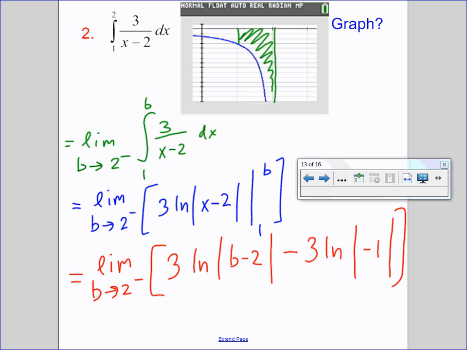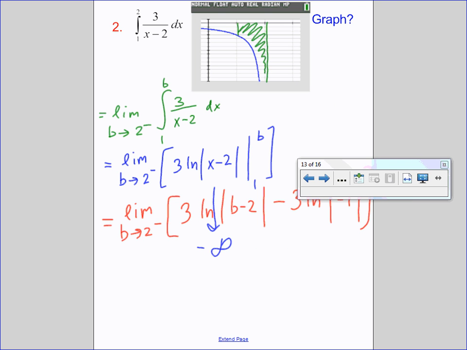And the natural log of a quantity approaching 0 is infinite. It's negative infinity. So because the value of this limit is infinite, the improper integral diverges, and that area is infinite. We can't find it.